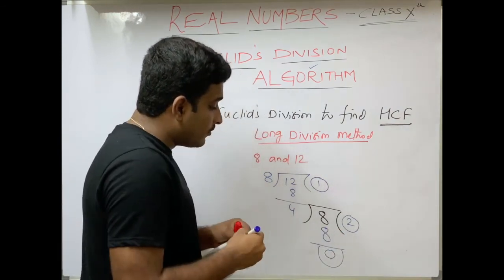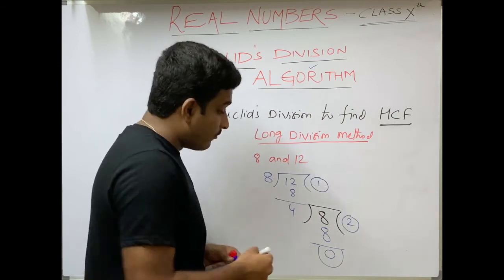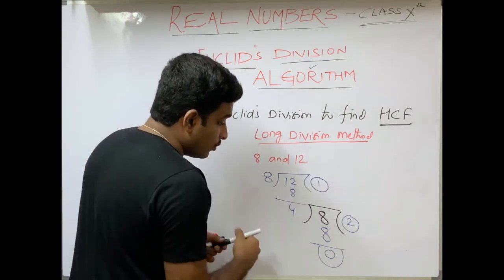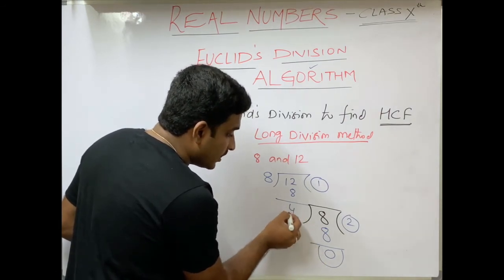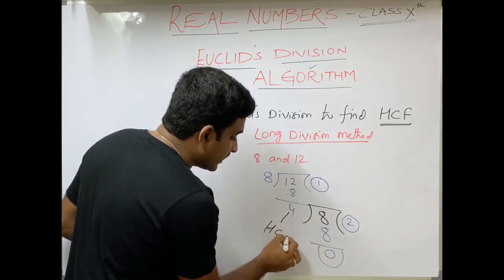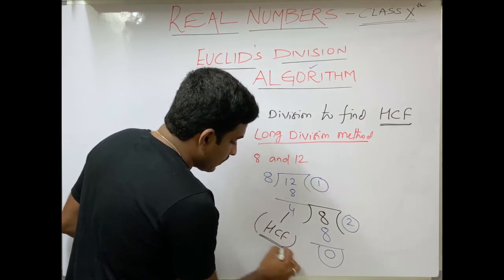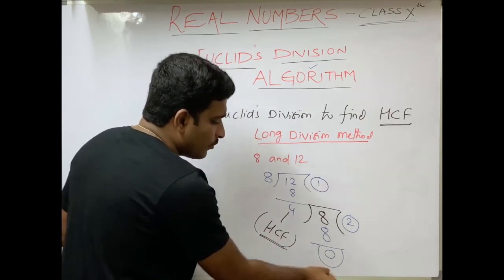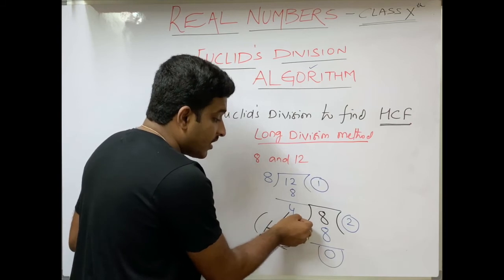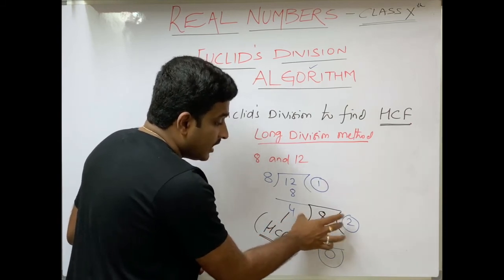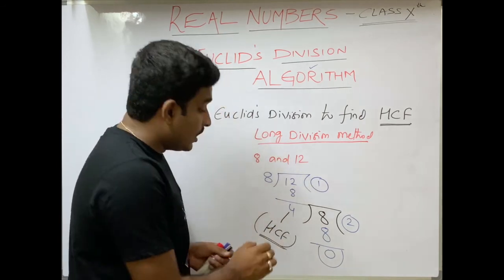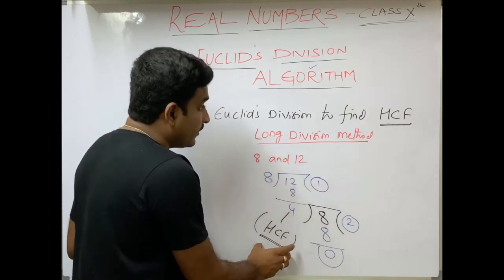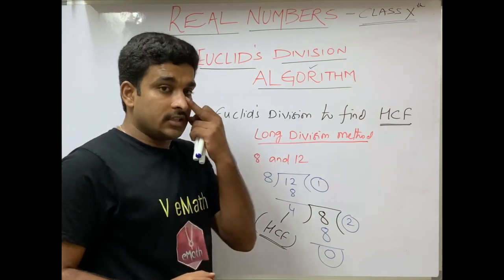Whenever the remainder is 0, the previous divisor, which divided the dividend to get 0, is called the HCF. This is how, by using the long division method, Euclid found the HCF.